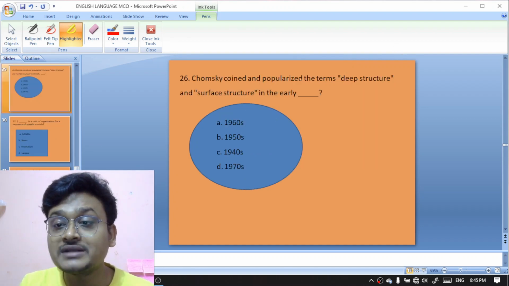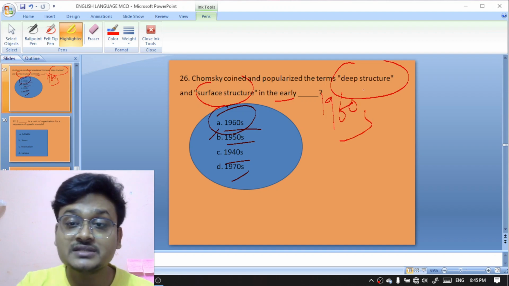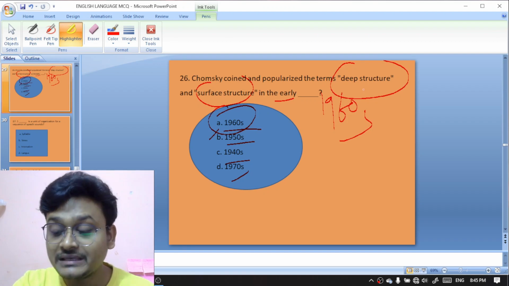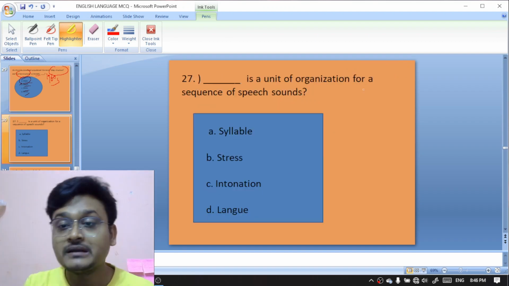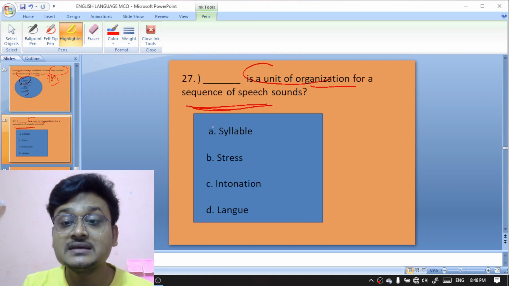Chomsky coined and popularized the term deep structure as well as surface structure in the early 1960s, 50s, 40s, 60s. In the 1960s, deep structure and surface structure were popularized and coined by Chomsky. Dash is a unit of organization for a sequence of speech sounds.